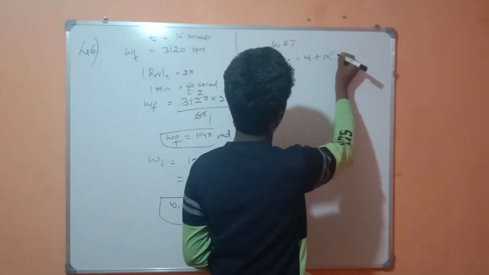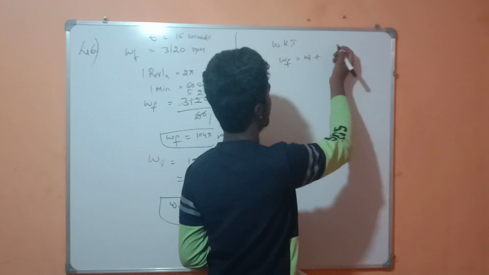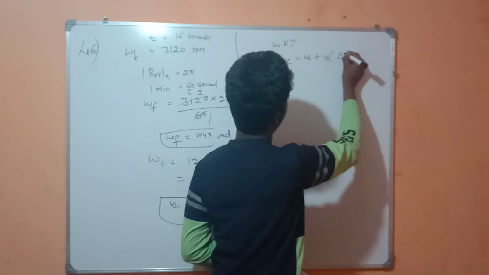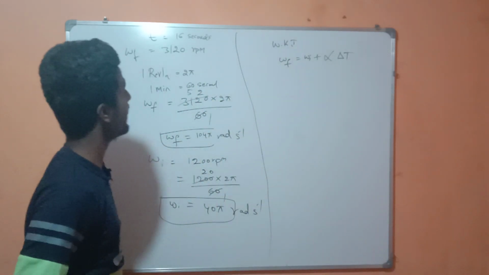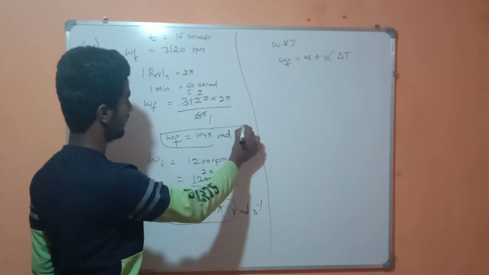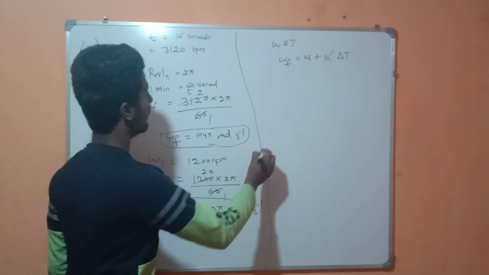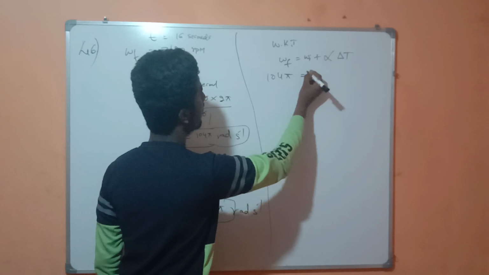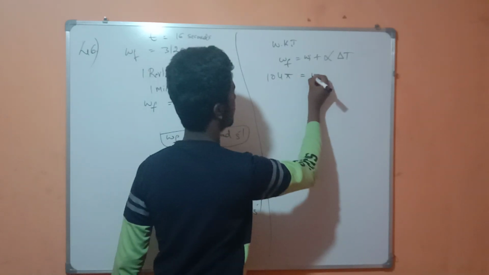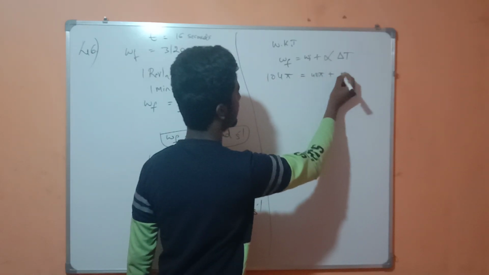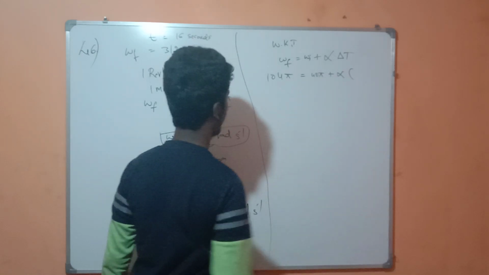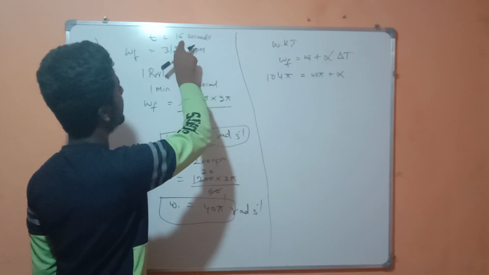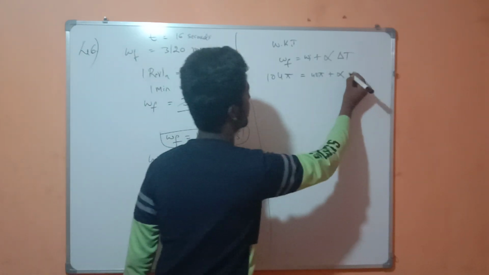Children, what is the value of omega final? We have already got that, 104 pi. Omega initial is 40 pi, plus alpha we don't know, into delta t. What is the change in time? It is 16 seconds, children.